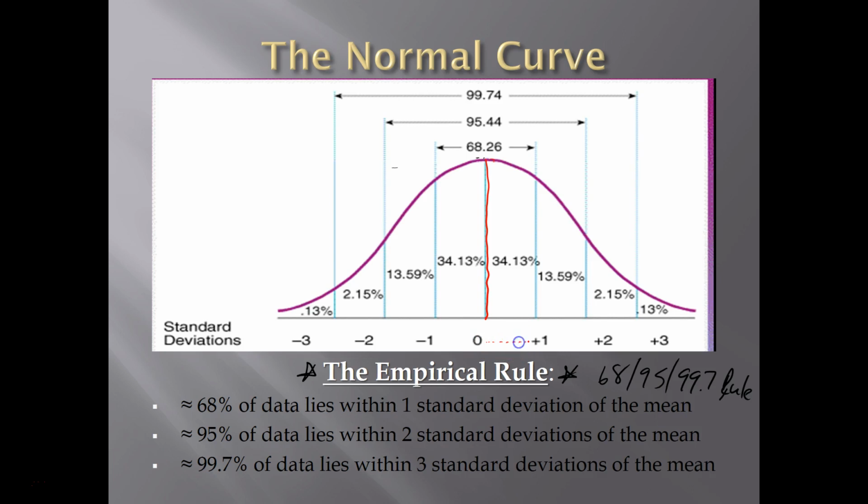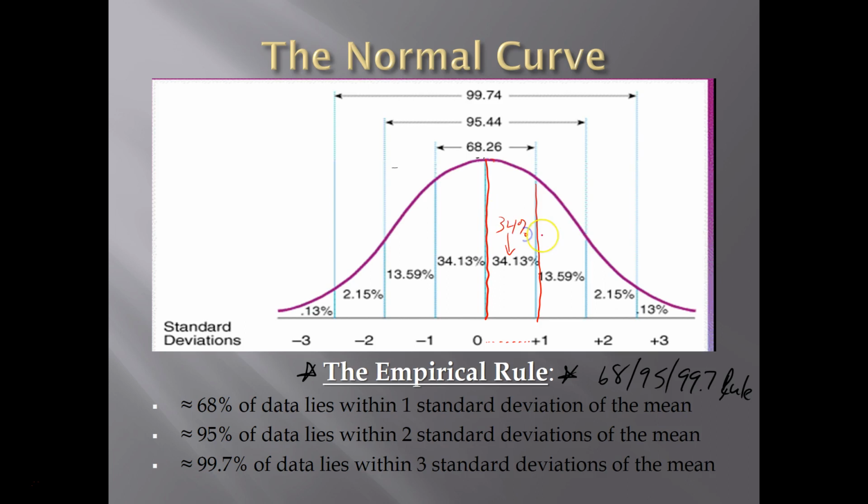Over here, between 0 and positive 1, remember our z-scores, these are our z-scores down there, these are our standard deviations. Between 0 standard deviations away from the mean, meaning you're on the mean, and 1 standard deviation above the mean, see how there's about 34% of your data?